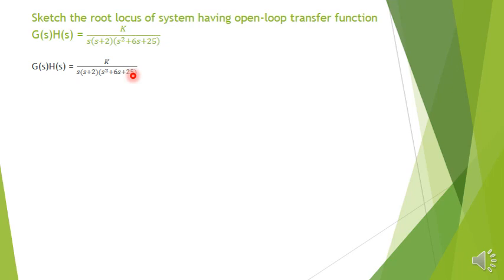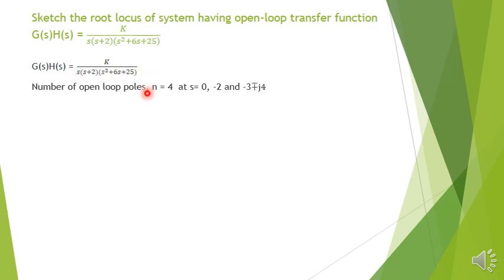So initially we need to find the number of branches. To find the number of branches, we need the number of open loop poles and open loop zeros. So the number of open loop poles in this is n equal to 4. That is because the order of the denominator polynomial of G(s)H(s) is s to the power 4.